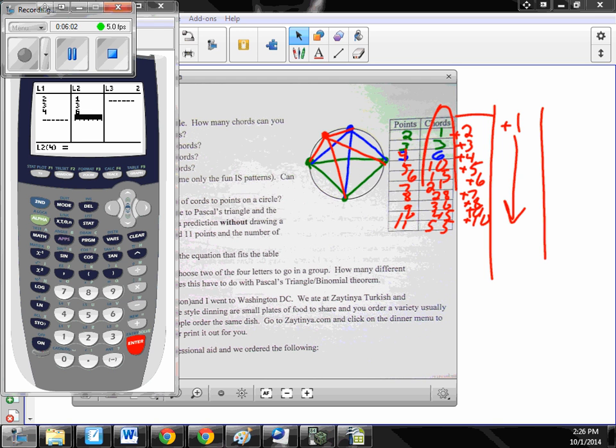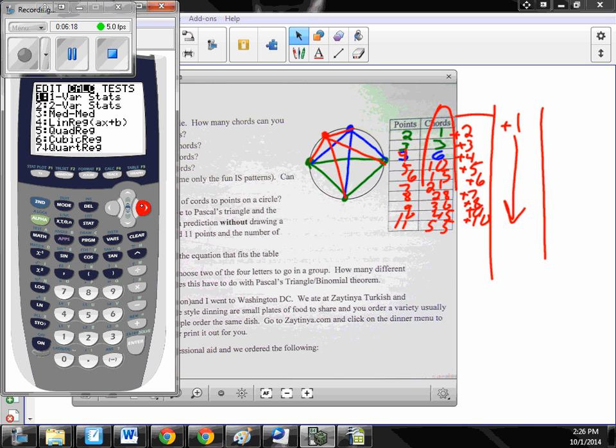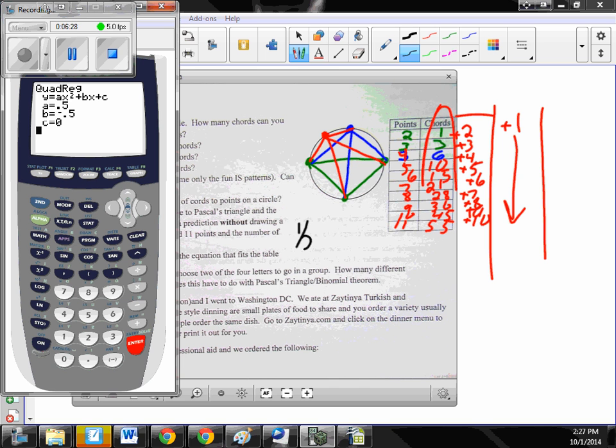All right, where do you find the quadratic regression? Go to stat, over to calc. Oops. Stat, calc, and then number 5 is quad reg. So what is the equation? 1/2 x squared plus 1/2 x.